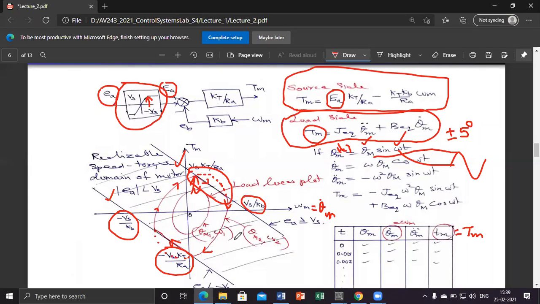Say tomorrow you implement this in a Simulink block, tap the output, and plot it yourself, and you are going to get these characteristics. Then everything is crystal clear. In the simulation block, you yourself will understand how it is happening.